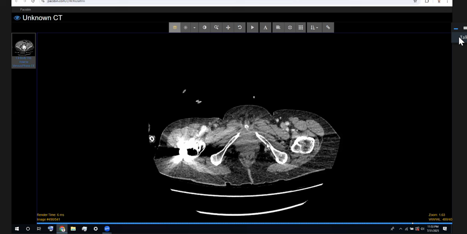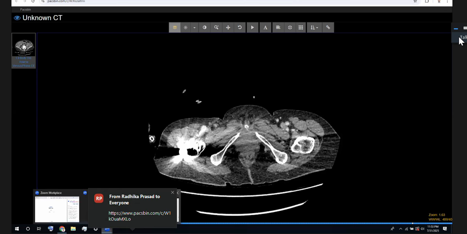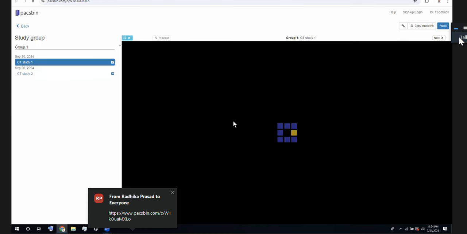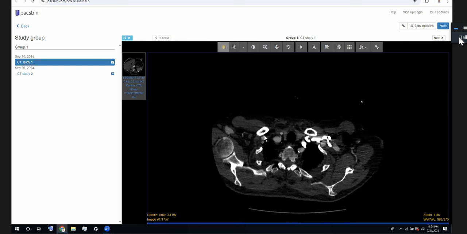So, gallstone ileus. Let's show you another one. Hopefully this comes up. Hold on a minute. Just scroll down a little bit because I want to see which study this is.